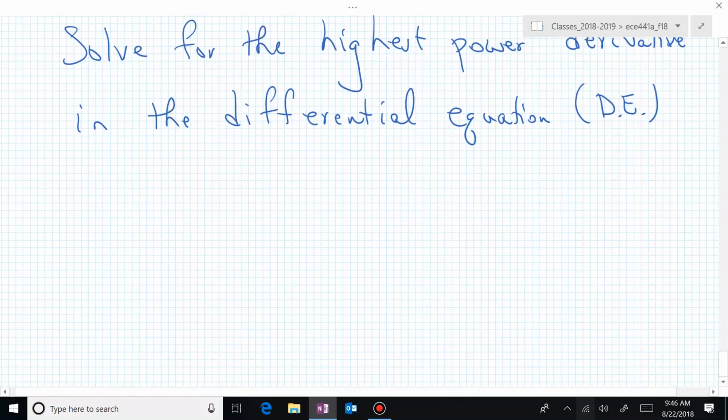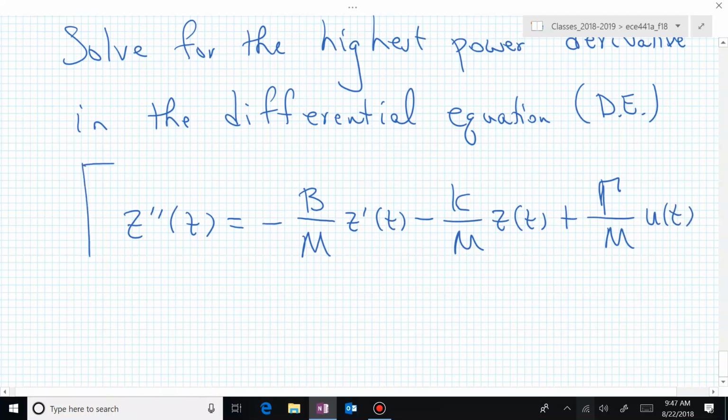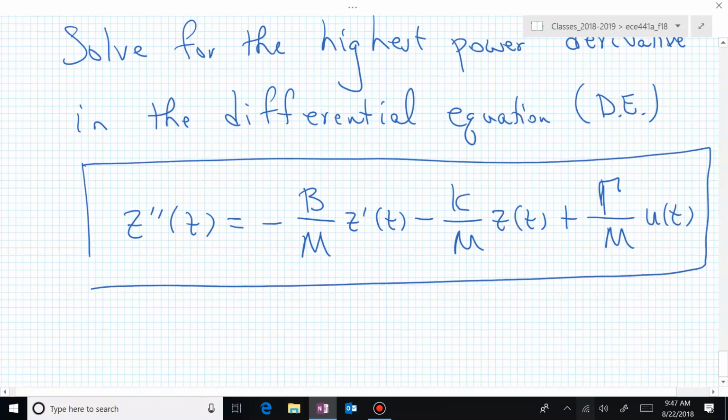And we may have block diagrams, the BD, for example. But here we have z double prime of t equal to minus B over M z prime of t minus K over M z of t plus, and remember I introduced that scaling factor, gamma over M u of t. This is the same exact second order differential equation that we have been playing with all period.